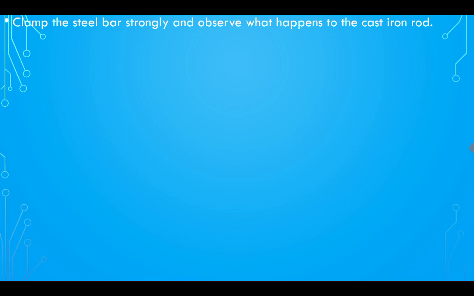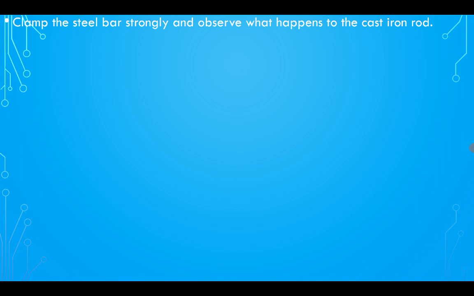So clamp the steel bar strongly and observe what happens to the cast iron rod. I mentioned that the steel bar needs to be tightly clamped using the nut so that it does not shake on its own as it is being heated. It has to be tight.